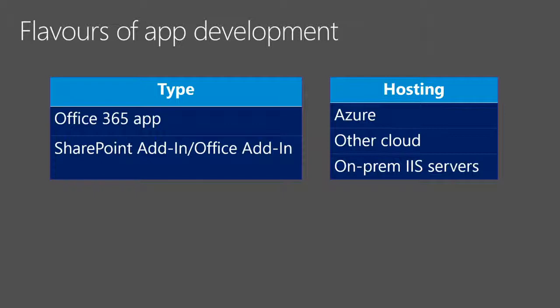But the other side of it is both of those are probably going to be some kind of ASP.NET app. And in all of those cases, we need to put that app somewhere. That's a set of web application files, and we need to deploy them. And maybe we're going to put them on some IIS servers that we have, or maybe we're going to publish them to Azure, and that's where the app will actually run. And that model basically applies whether it's an Office 365 app or a SharePoint add-in.